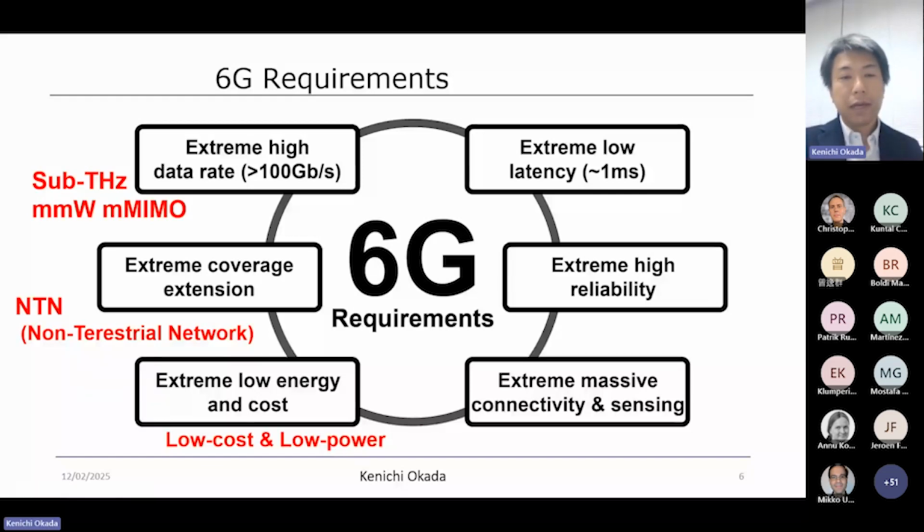So the main target is that many hardware people are considering how to make it cheaper. Sometimes it depends on the circuit architecture and the transceiver architecture, and lowering power consumption is also an important issue.